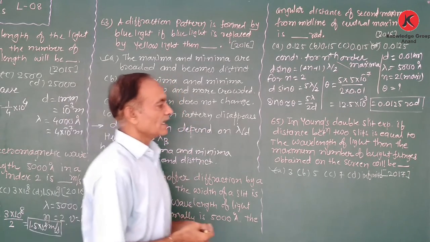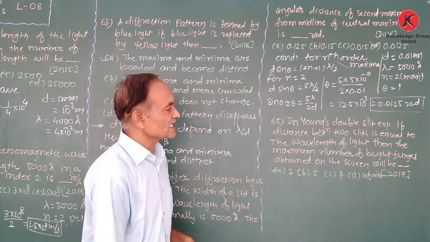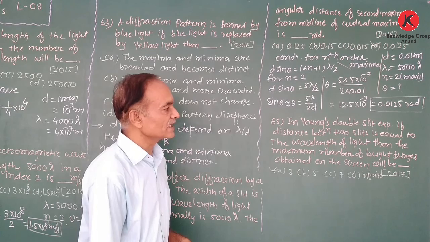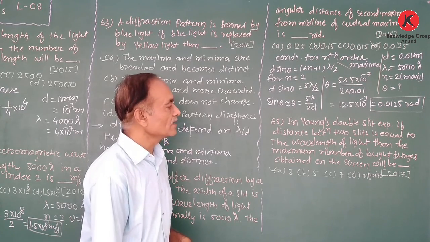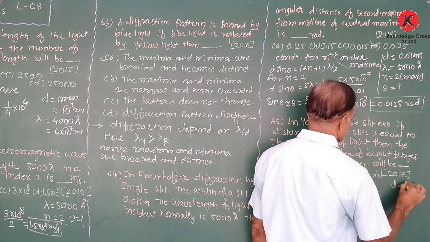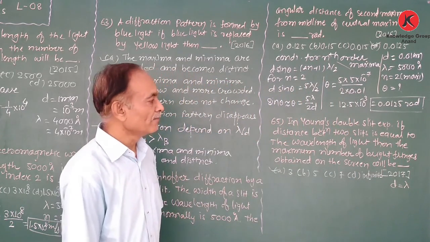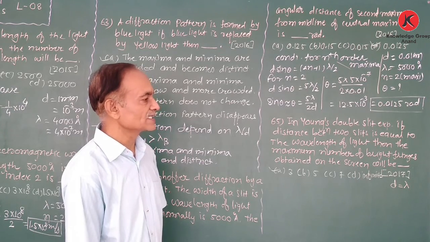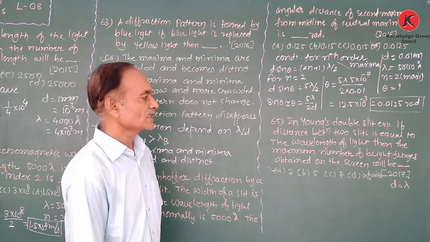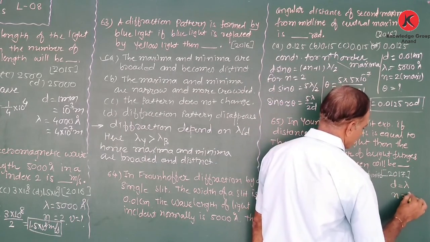Now after that, the question asked in 2017: in Young's double slit experiment, if the distance between the two slits is equal to the wavelength of light, d is given as lambda, then the maximum number of black fringes obtained on the screen will be how many?